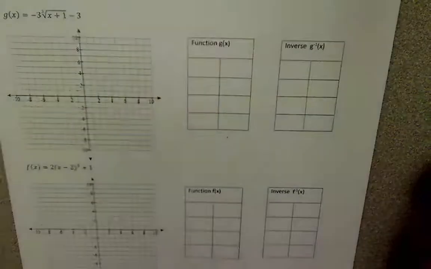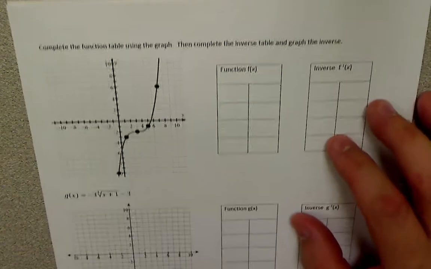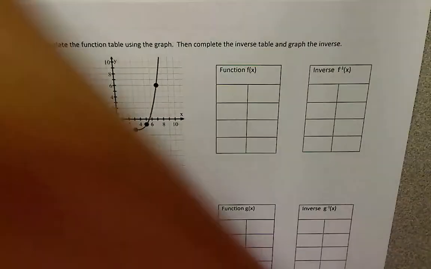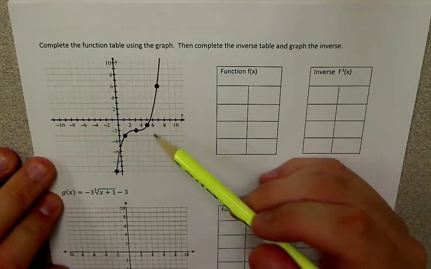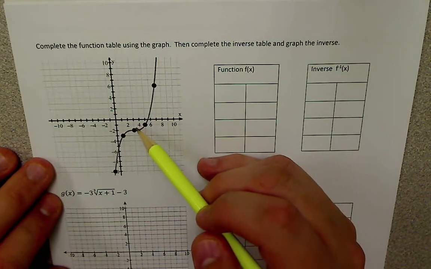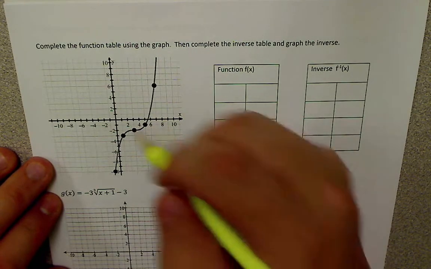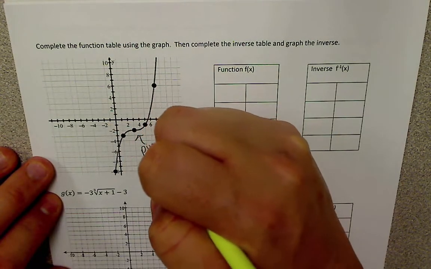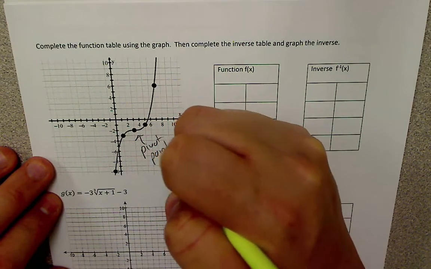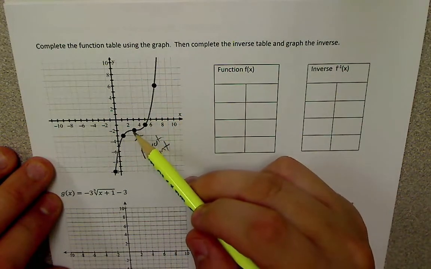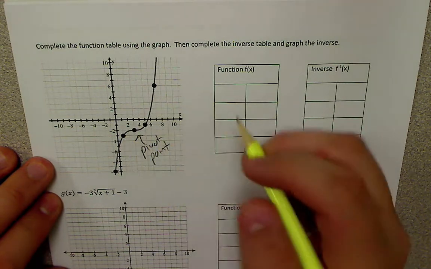Okay. So now how do you actually draw and create an inverse? What you do is this. You take your graph and you get some points off your graph. Like for example, I'll pick the point here, the pivot point, and I will say that is 3, negative 2.